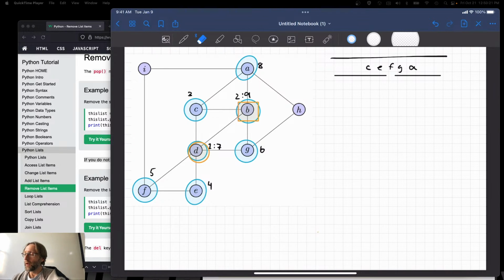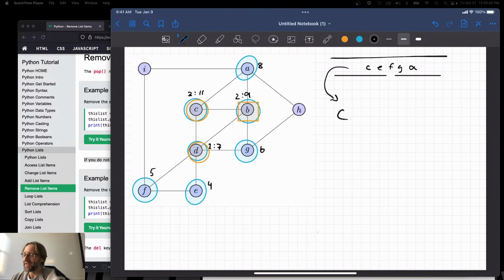I look at the front of my queue, and what do I see? C. Well, there's nothing in its neighborhood that is unvisited white, so we just go ahead and are done processing it. It's just auto-detecting here.